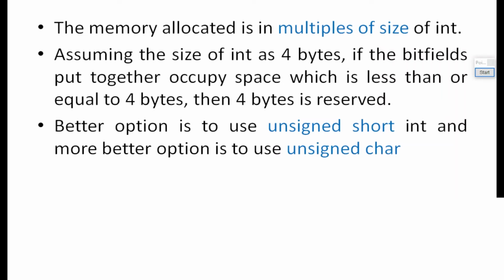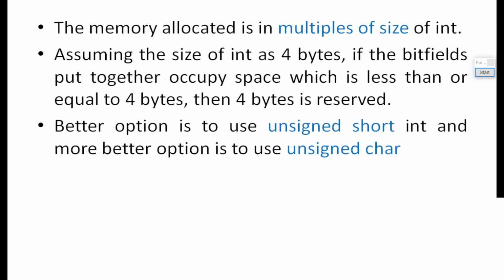Though the memory required is 5 plus 6 plus 6, that is 17 bits, the memory reserved is in multiples of the size of integer. So the memory reserved for bit fields is at least 4 bytes.